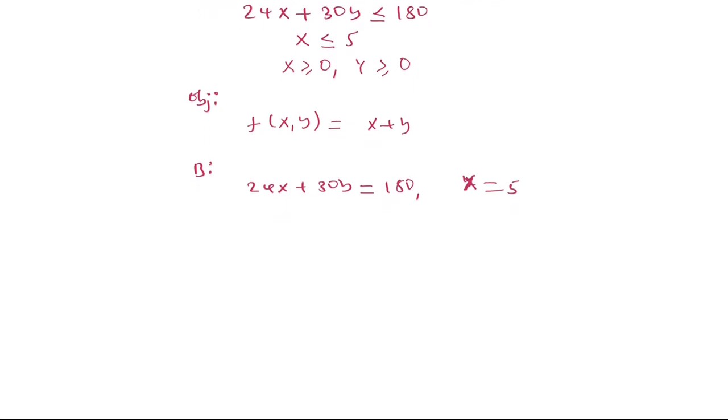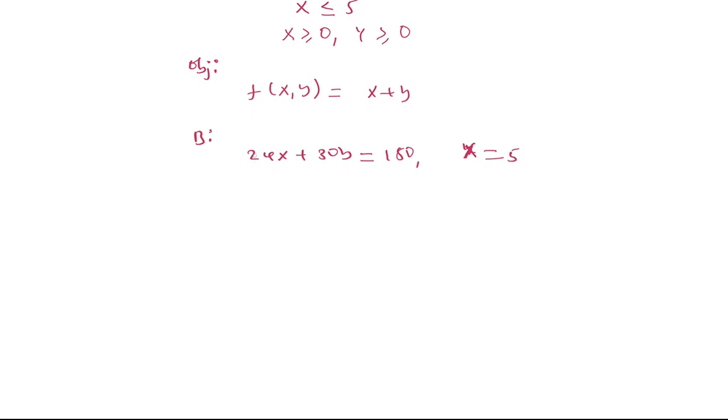Okay, so now starting with the line 24x plus 30y equals 180, when x equals 0, y is calculated to be 6, and our point is (0, 6).